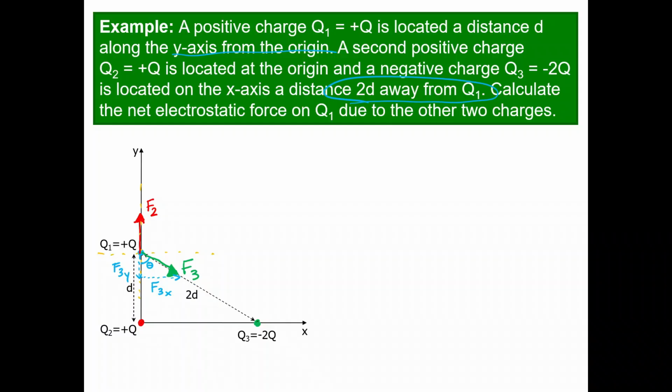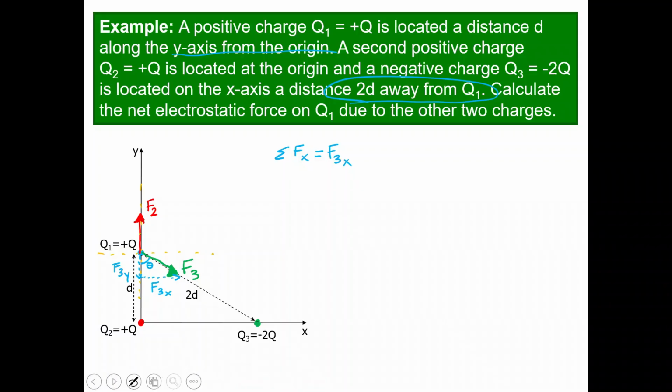So if I was to write out the net force in the x direction, that's just going to equal F3x. That one's a little bit easier because only one force is in the x direction. And then our net force in the y direction: upward is going to be F2, downward is going to be F3y.